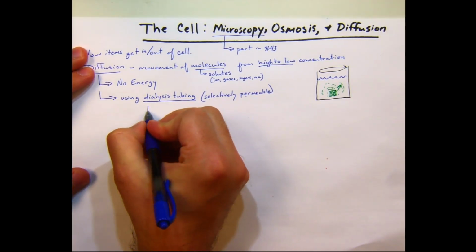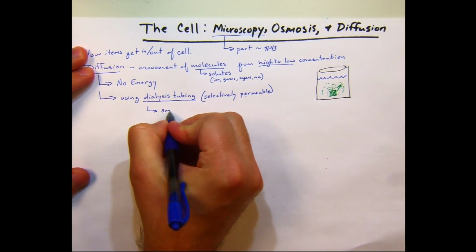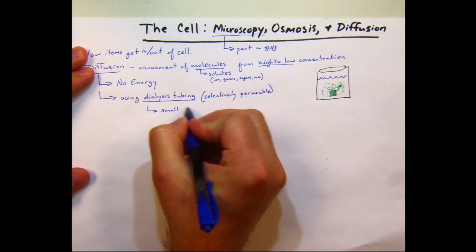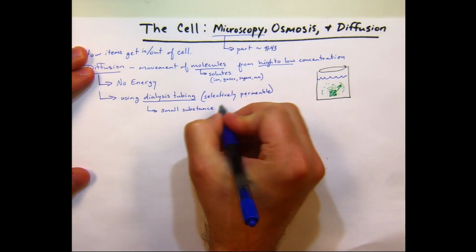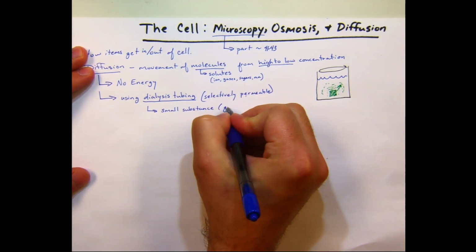Since it's selectively permeable to small substances, I'm not going to say molecules, for example, glucose.